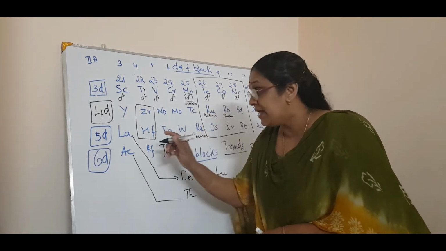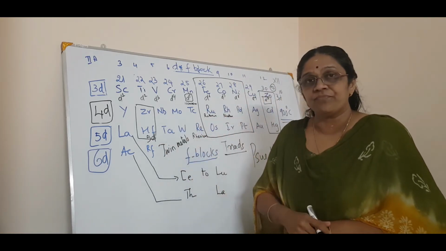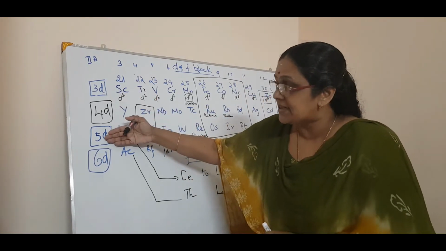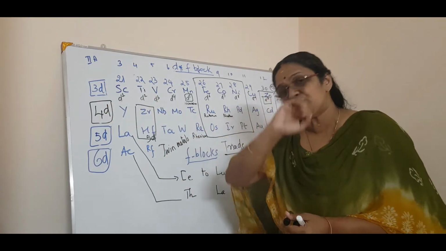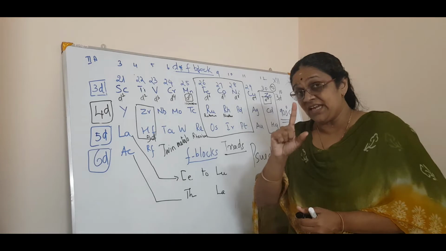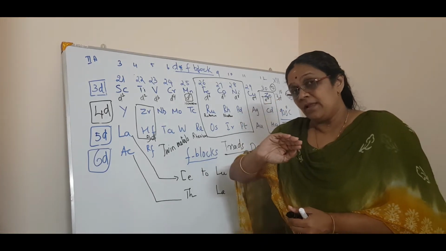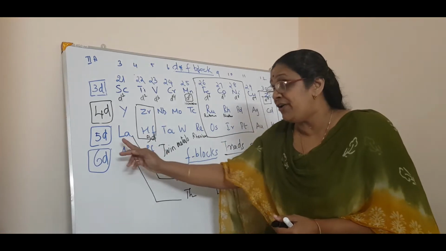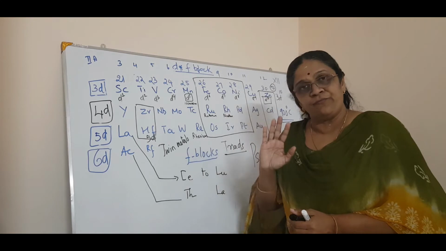Before filling the 5d orbital of hafnium, this is the first series, second series, third series, the 4f orbital begins to fill. Listen very carefully. 4f orbital begins to fill. Then only the 5d orbitals will fill up.